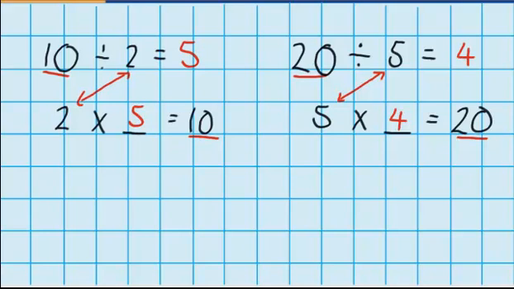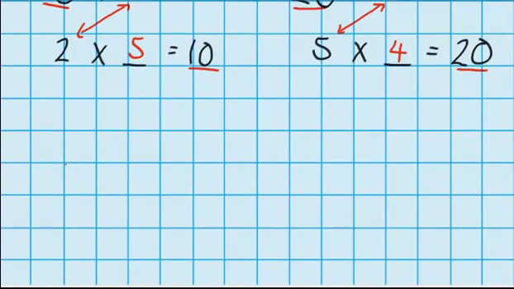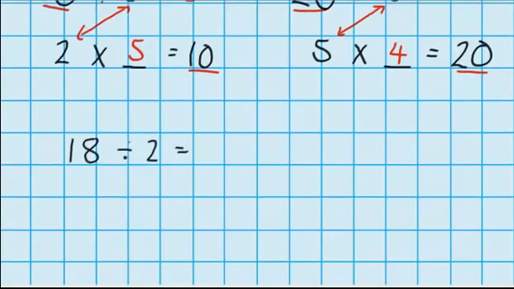Let's try one more question. I've got 18 counters which I need to share between 2 groups. So again, I need to change this into a multiplication question. I'm going to put a multiplication sign here. Now can you work out what number needs to go here?